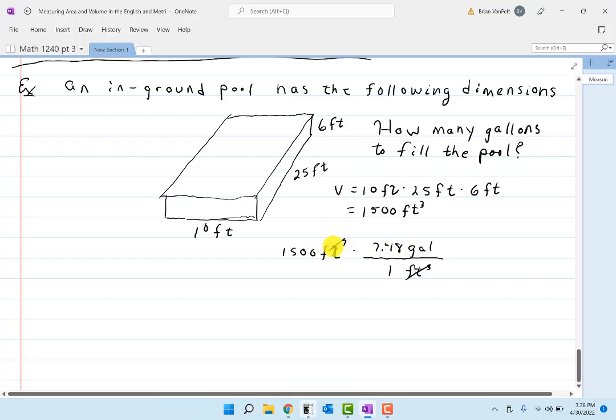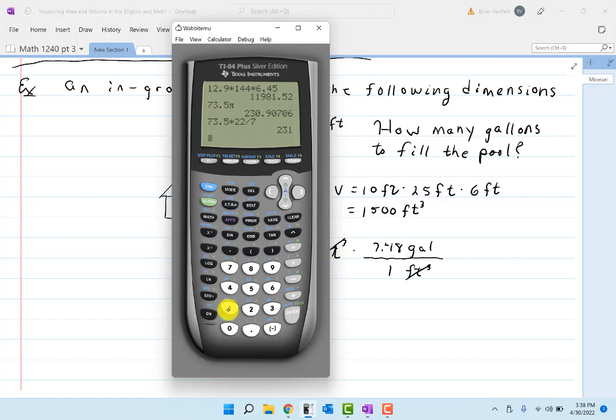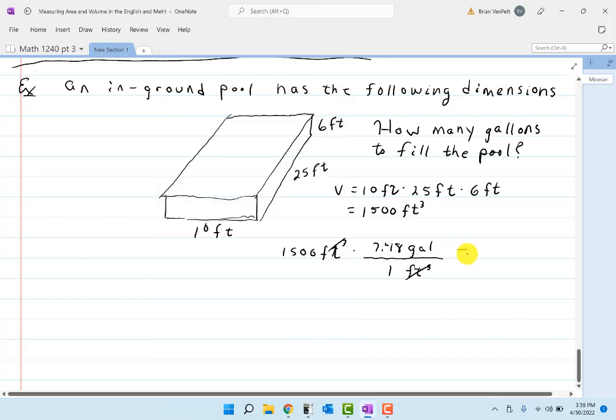Take out my cubic feet, and all I got to do is 1,500 times 7.48. And I get 11,220 gallons.